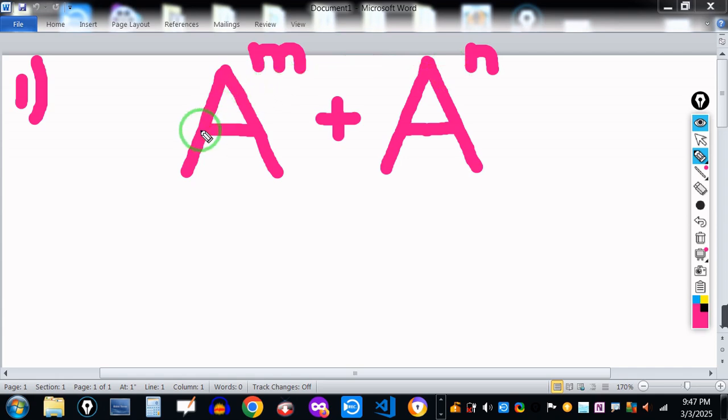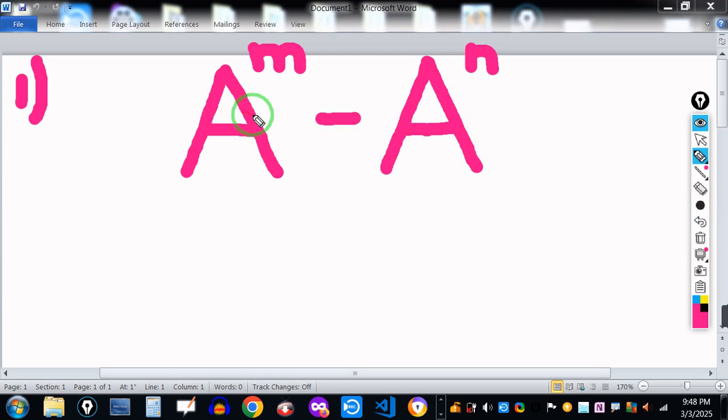In other words, A, the base, to the power of M plus A, the very same base, not B, not Q, not Z, not whatever, A, base, to the power of N will be equal to, when it's plus, exactly itself. Nothing there, okay? Same.